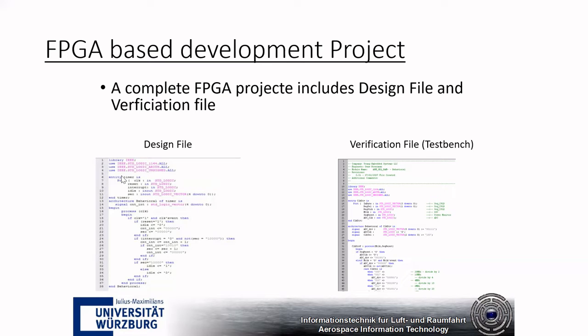One VHDL project contains a design file. This design file contains your logic, whatever you wanted to implement, your VHDL code or the Verilog code for functions, loops, processes, whatever you wanted to do. This is present inside the design file. Corresponding to the design file, we have a verification file. This verification file is also called a testbench.